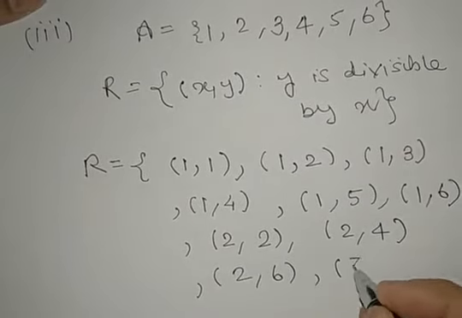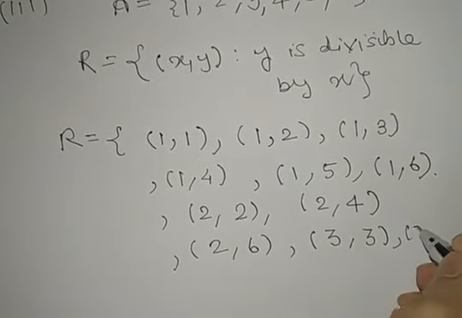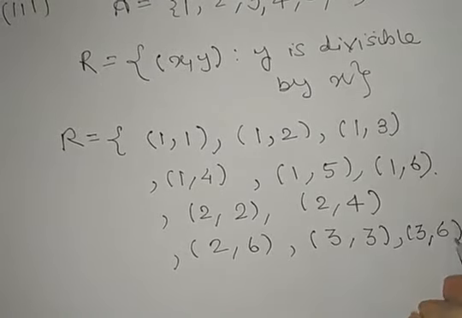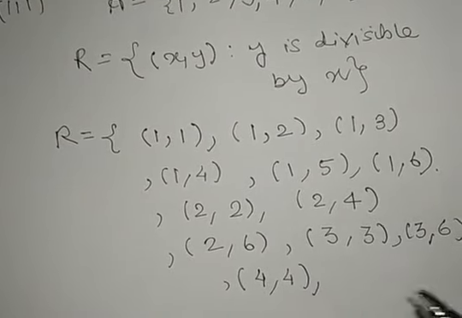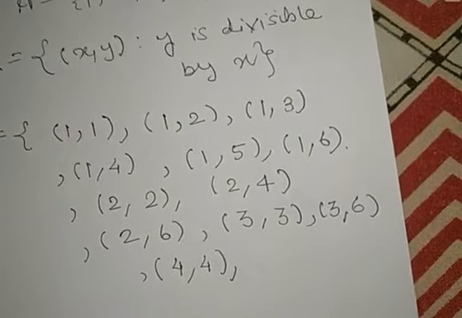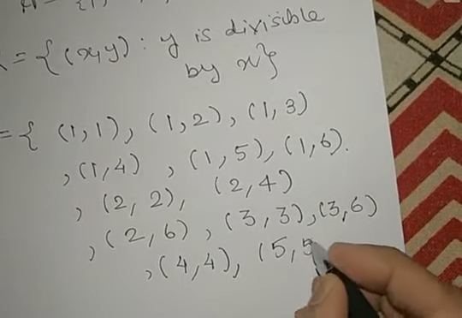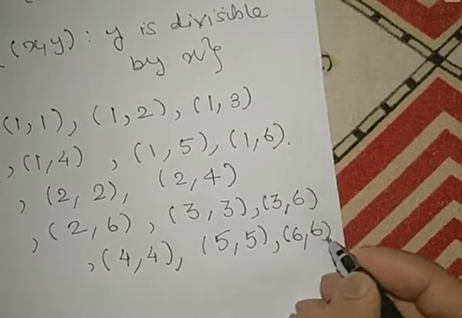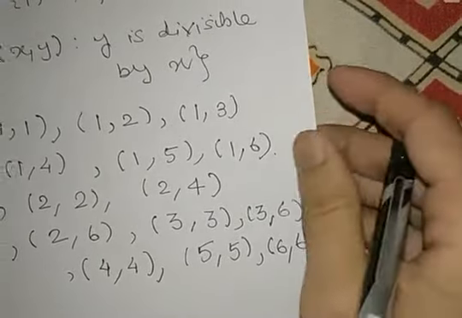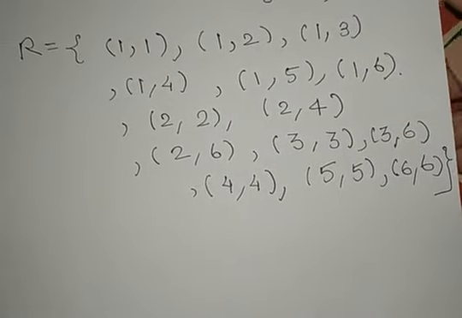Then you go to 3, so (3, 3) is there, then (3, 6) will be there. Then (4, 4), then (5, 5), and (6, 6). So these many elements are there in the set R.